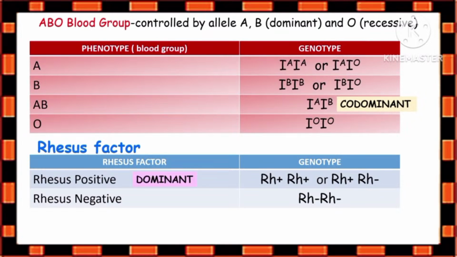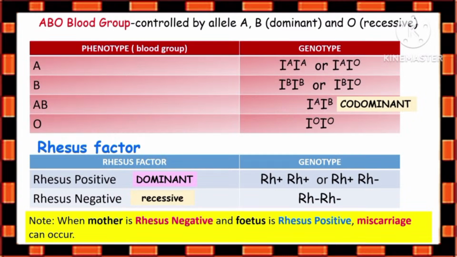Yes, rhesus positive is the dominant allele, while rhesus negative is the recessive. And the genotype for both rhesus can be seen in the table here. There is a note about the rhesus factor. When a mother is rhesus negative and pregnant with a rhesus positive fetus, miscarriage can occur.